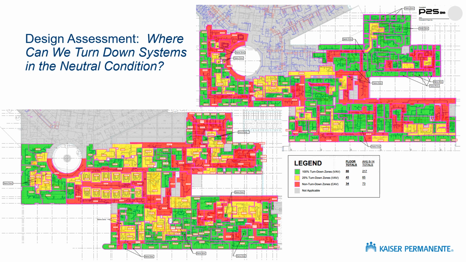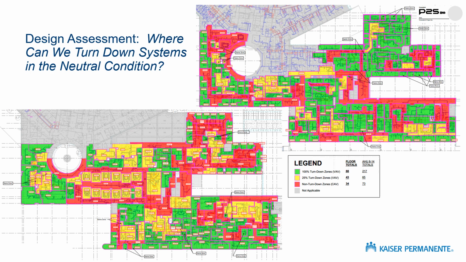And in this map, those are the green areas of the building. And then there are areas where you can turn down systems, but you probably need to, either for pressurization or for code reasons, maintain 20, 25% of air in there. And then there are other areas that you just can't turn down that legitimately need to run overnight and legitimately need to run 24/7.